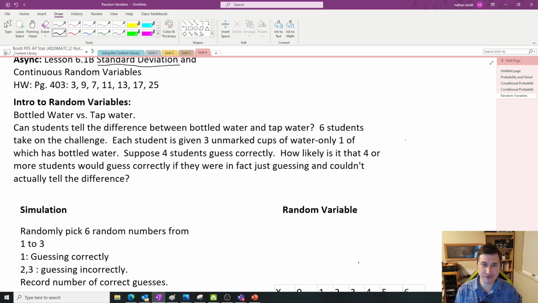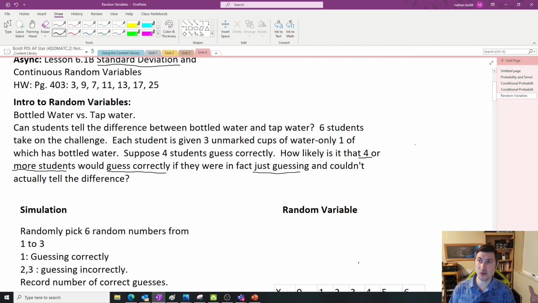Each student is given 3 unmarked cups of water, only one of which has bottled water. Suppose 4 students guess correctly. All right. Is that evidence that they can actually tell the difference? Or did they just get lucky? So how likely is it that 4 or more students would guess correctly if they were in fact just guessing and couldn't actually tell the difference?